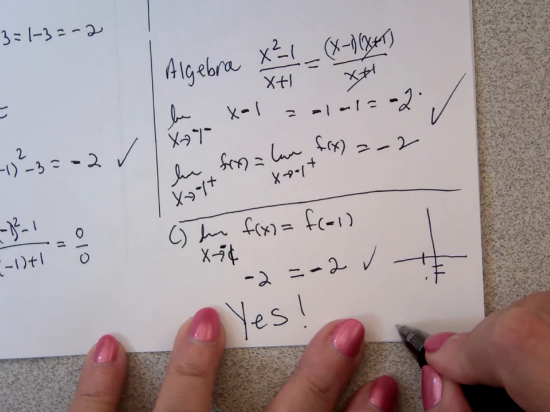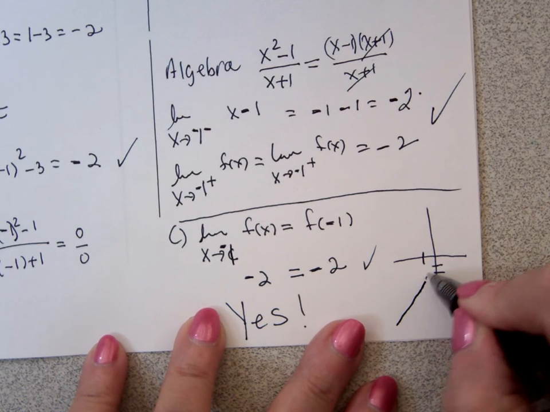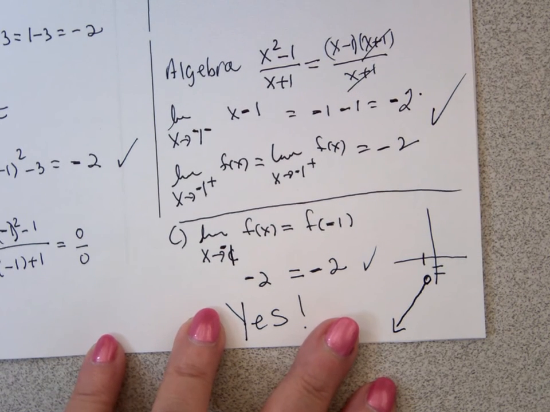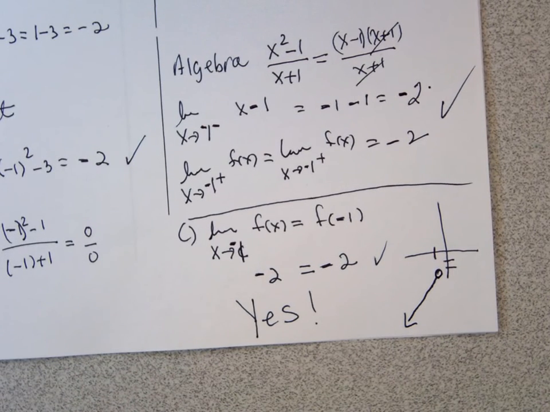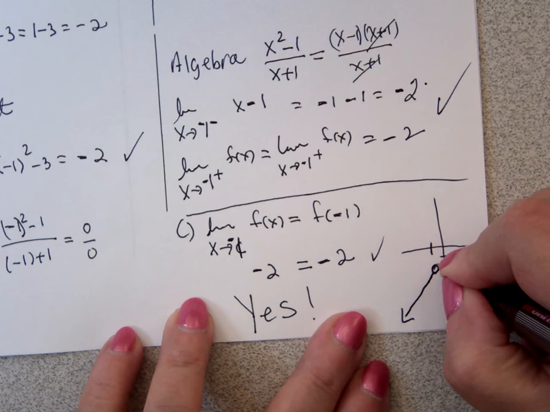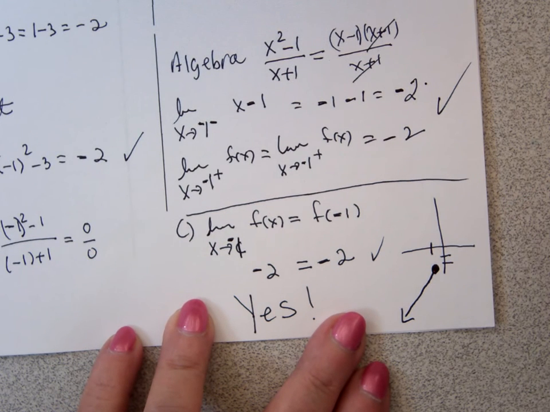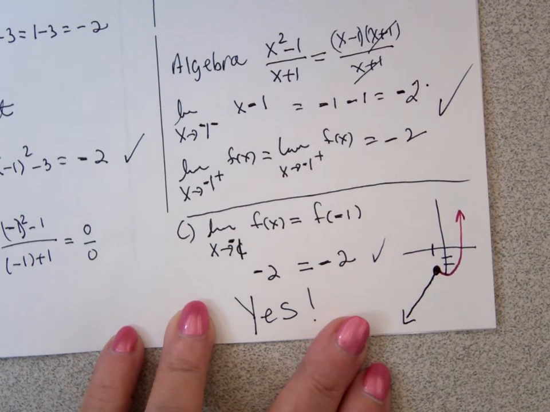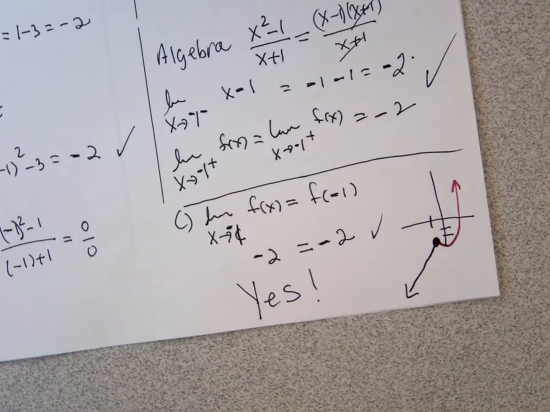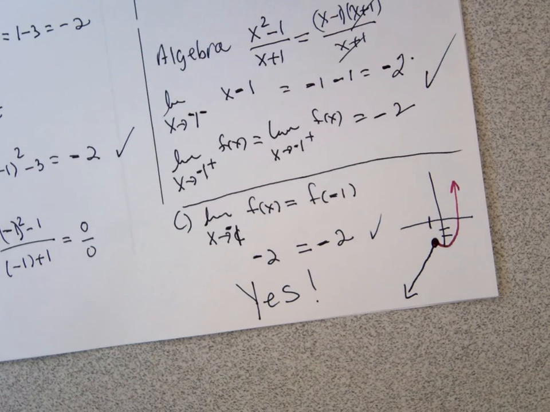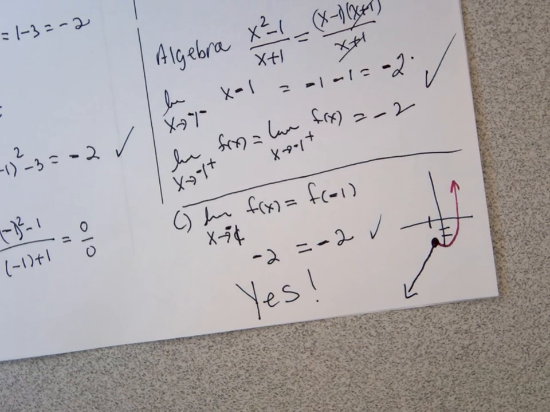So it says this guy's coming in, and there's a hole here. What did the other guy do? He filled in the hole. And he looks something like that. Is that continuous? Yeah. Weird. But see, piecewise functions are weird anyway. They're just weird creatures.